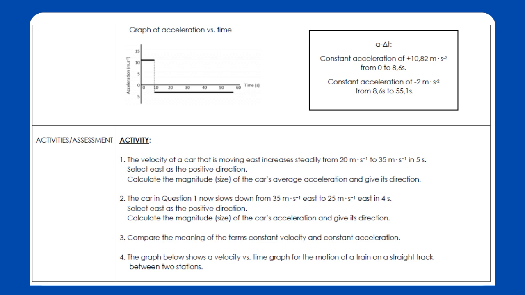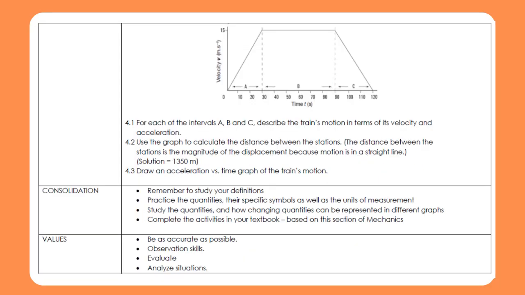Constant acceleration of −2 m·s⁻² from 8.6 s to 55.1 s. 4.1 For each of the intervals a, b and c, describe the train's motion in terms of its velocity and acceleration. 4.2 Use the graph to calculate the distance between the stations.